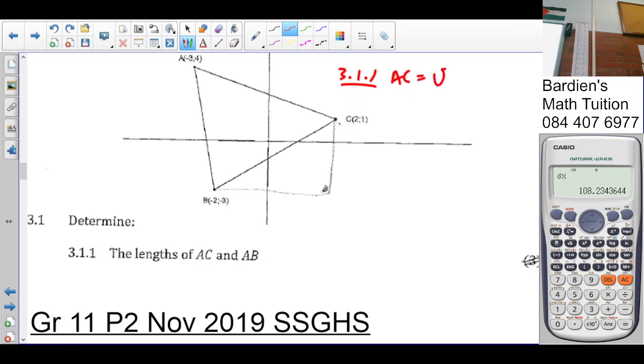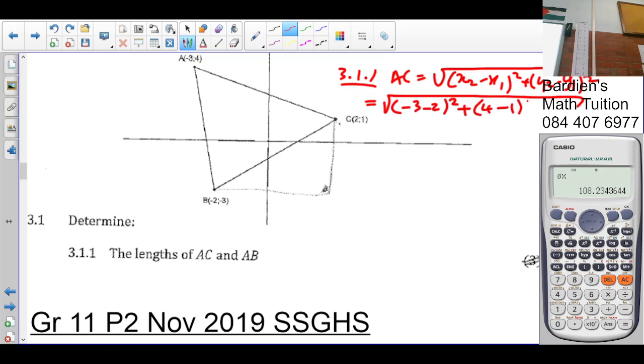AC is going to be the square root of (x2 minus x1) squared plus (y2 minus y1) squared. Okay? For AC, it's going to be the square root of (negative 3 minus 2) squared plus (4 minus 1) squared. Put that in the calculator.